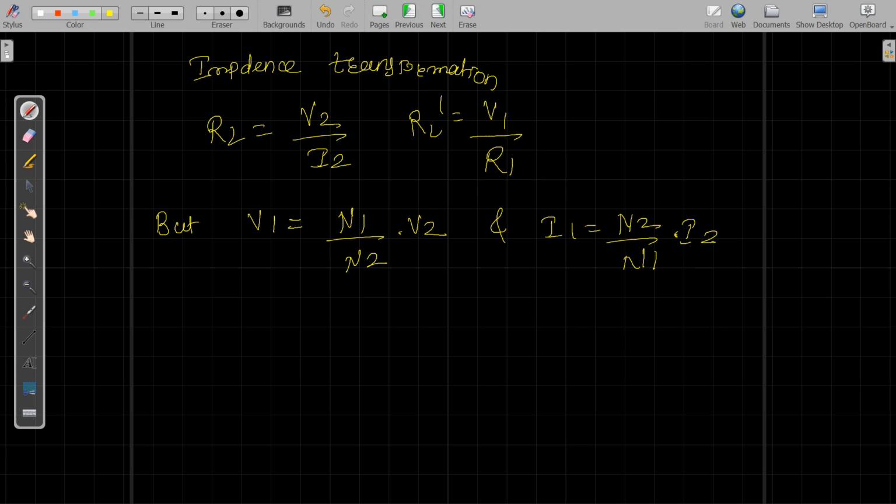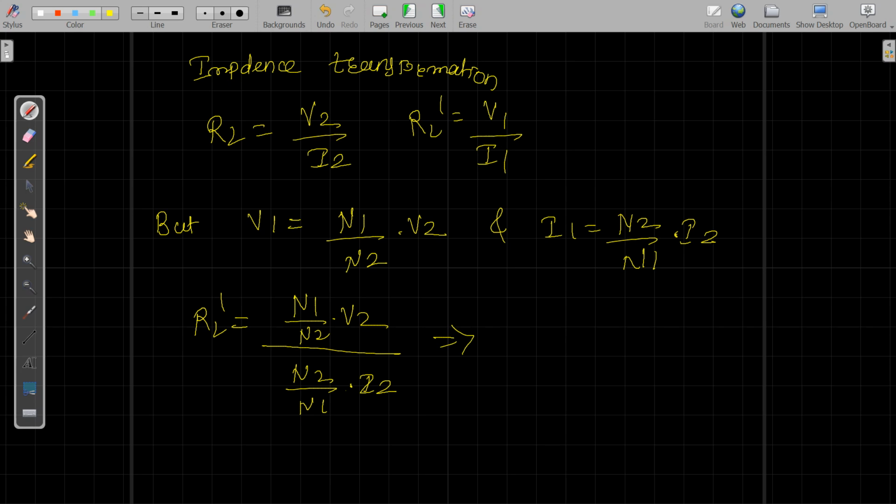Now if we put these values in RL dash, V1 is N1 by N2 into V2, divided by I1, and I1 is again N2 by N1 into I2.